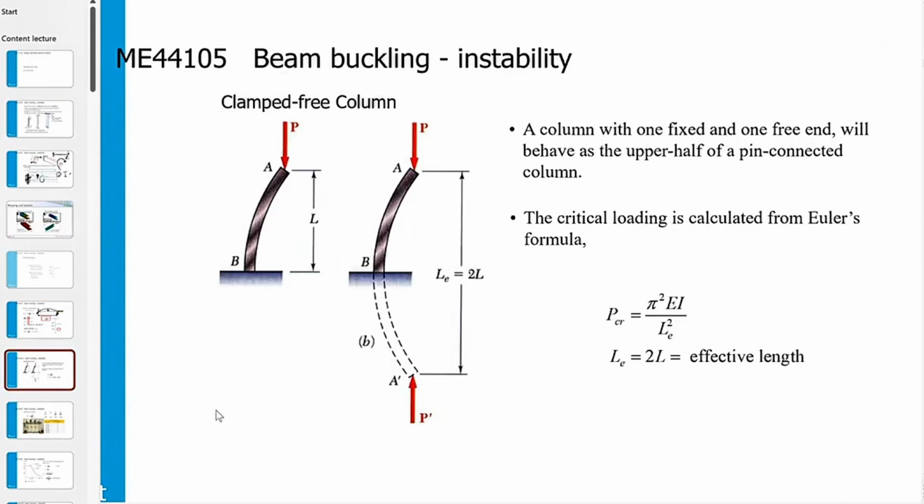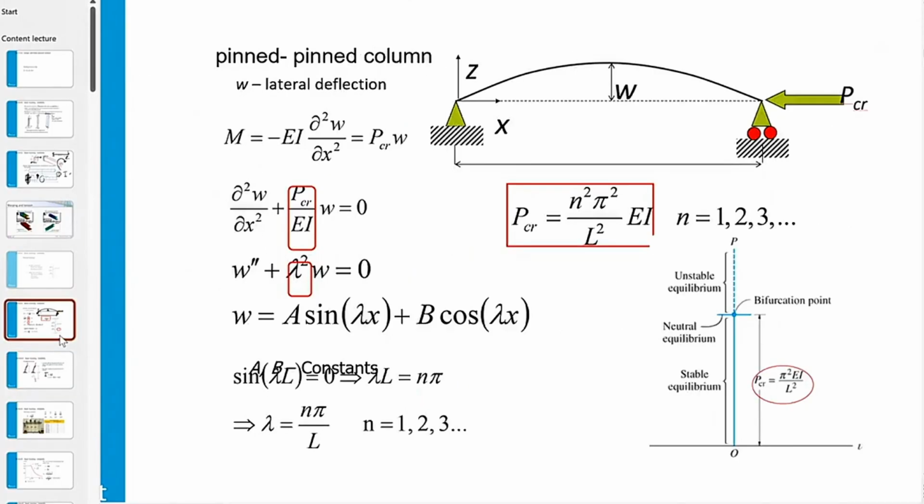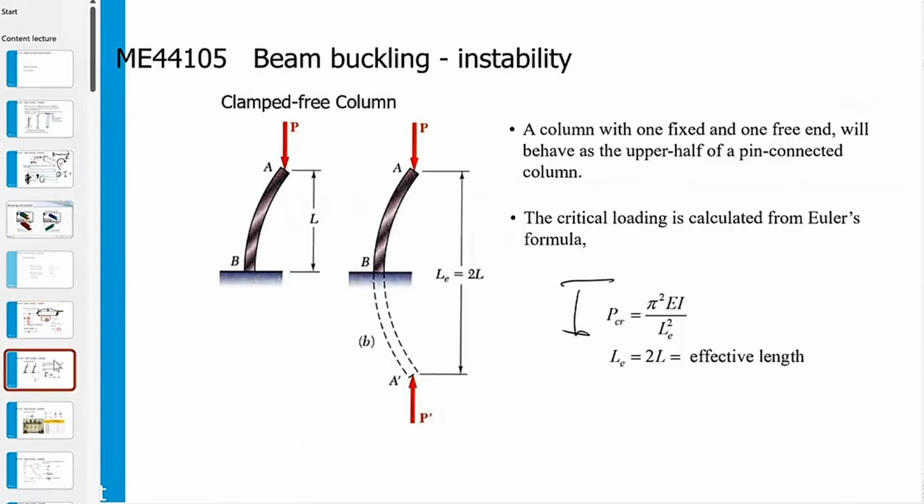And if we look here, this is what we call the critical Euler buckling load, and it has this shape: pi squared, E and I, divided by L squared, and this L here is what we call the effective length.